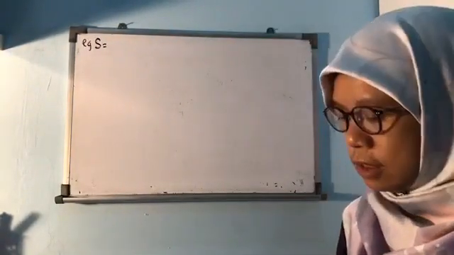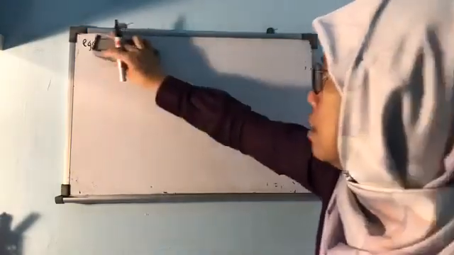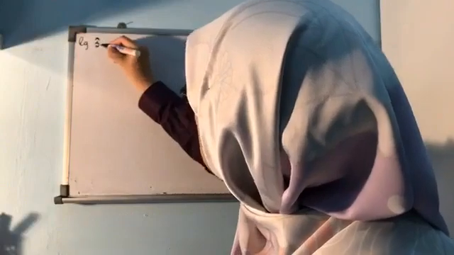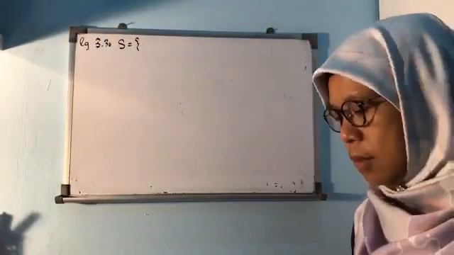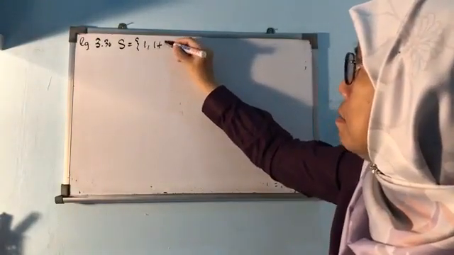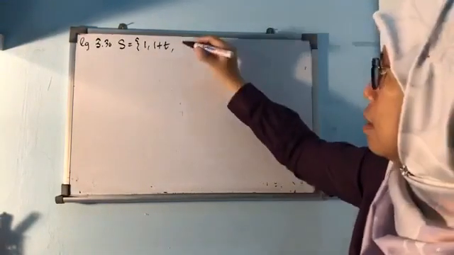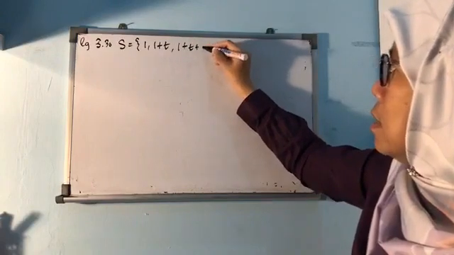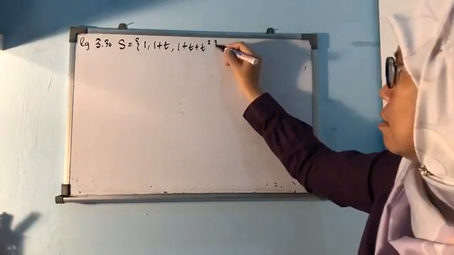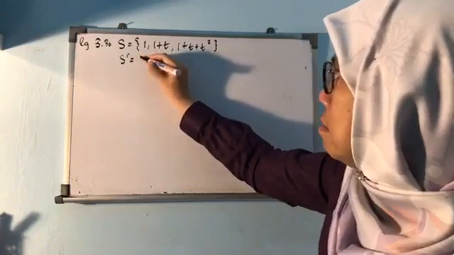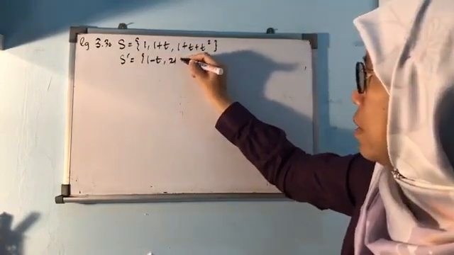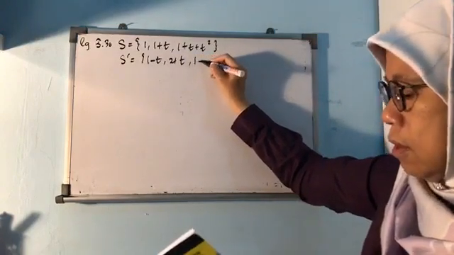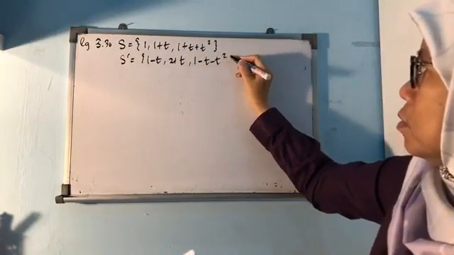So this is example 330. S is 1 plus t, 1 plus t plus t squared, S prime 1 minus t, 2 plus t, 1 minus t minus t squared.